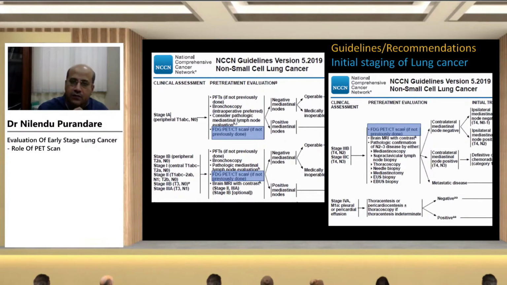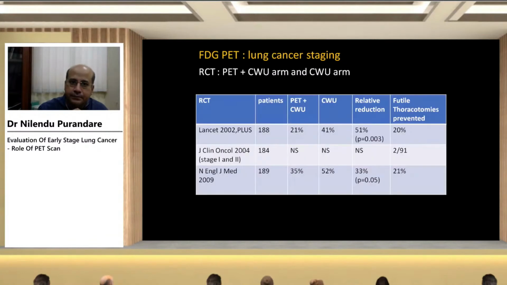Now, what is the reason why PET CT has found its way into the guideline recommendations for lung cancer? Because way back in the early 2000s, lung cancer was amongst the first cancers where PET was subjected to randomized trials. Patients of lung cancer were randomized into two groups.